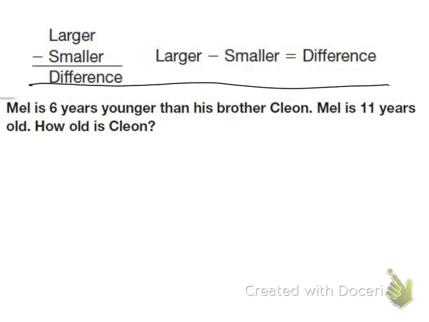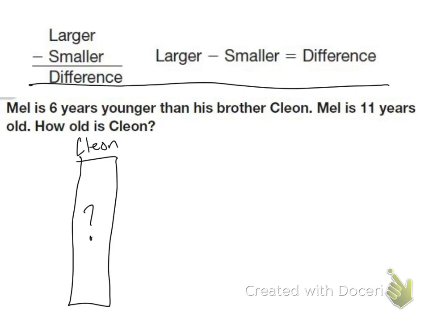So here we have Mel is 6 years younger than his brother Cleon. Mel is 11 years old. How old is Cleon? So we can draw 2 rectangles. We know that Cleon is some age. We don't know how old he is. And we know that Mel is 11 years old.